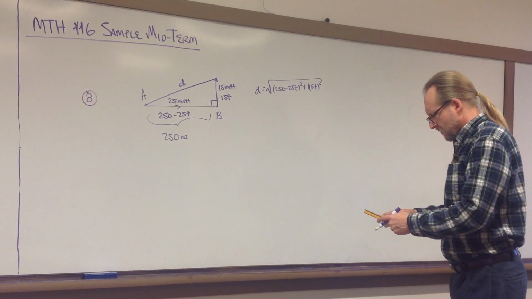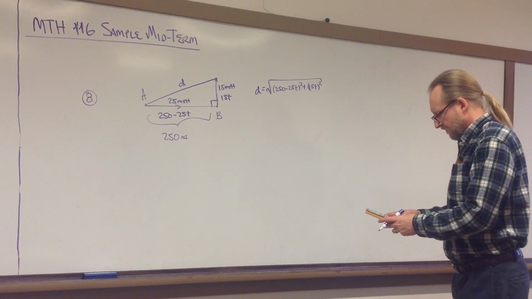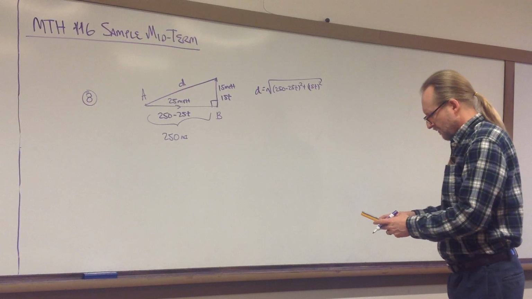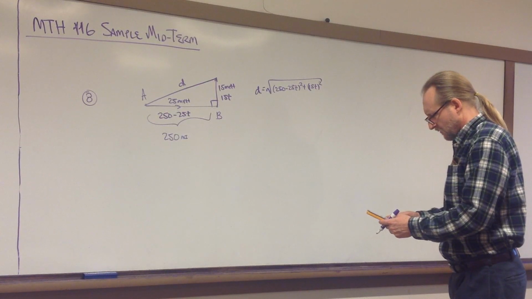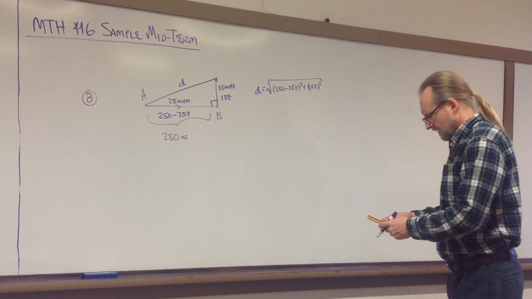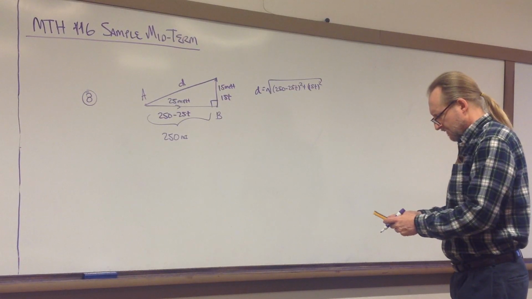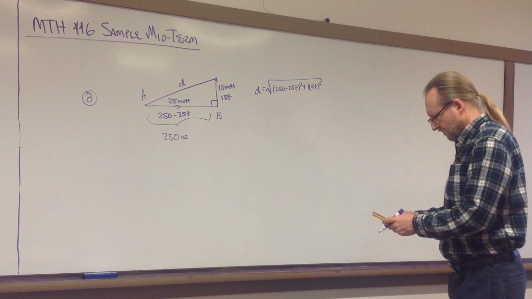So square root of (250 minus 25x) all squared plus (15x) all squared. And let's see, they're starting at 250. Let's make my y maximum, I'll make it 300 again.